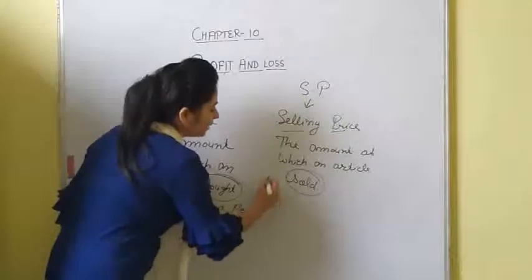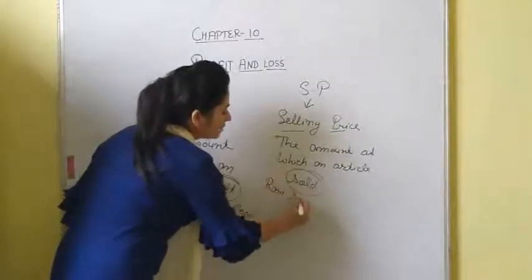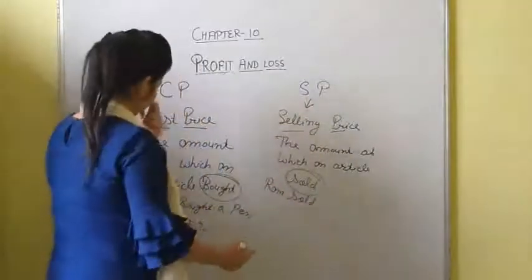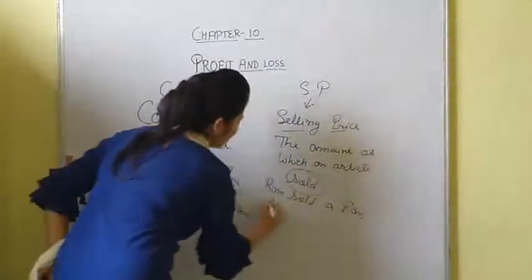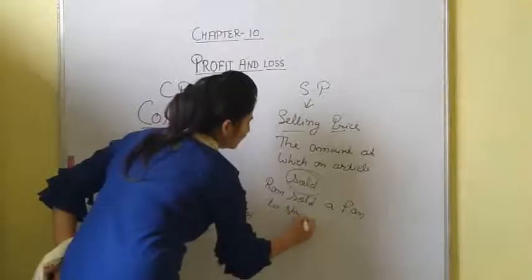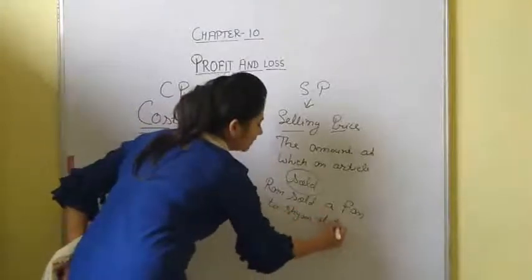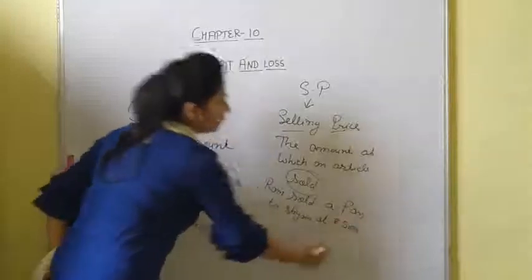For example, Ram sold a pen to Shyam at ₹5,000.